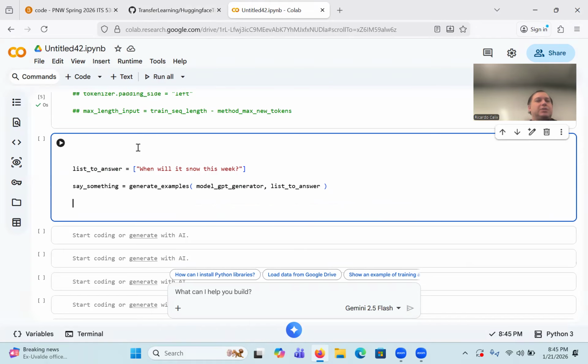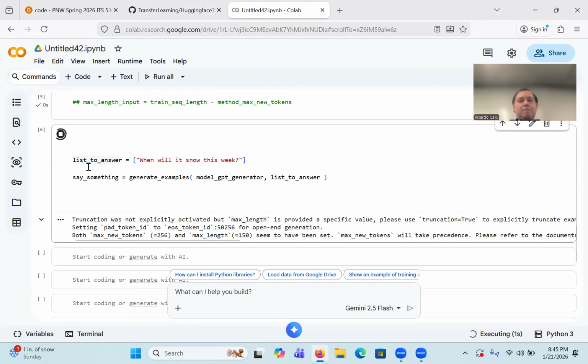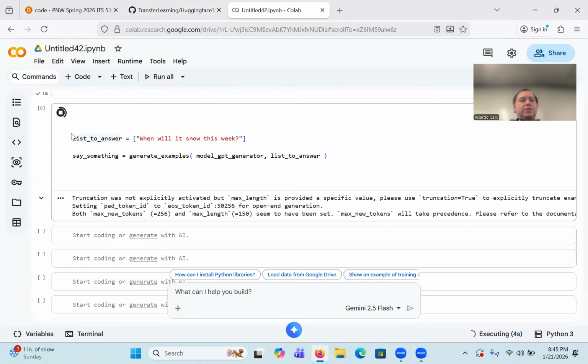And now in this list of questions to answer, I have one question: when will it snow this week? So I use the function generate examples. I give it the generator and the list, and I ask it to say something. Okay, you can see it's doing some inference.